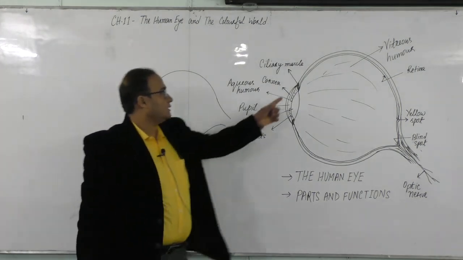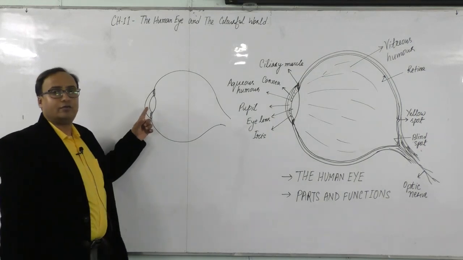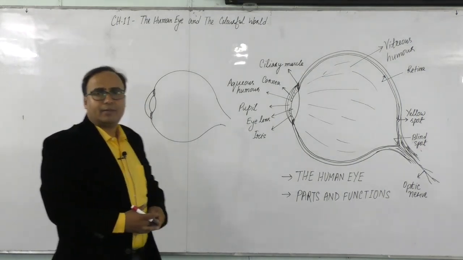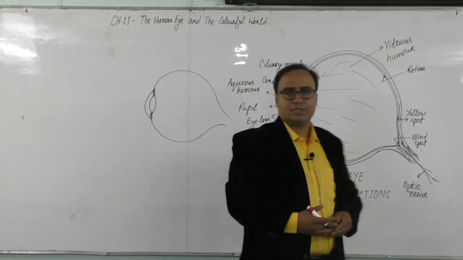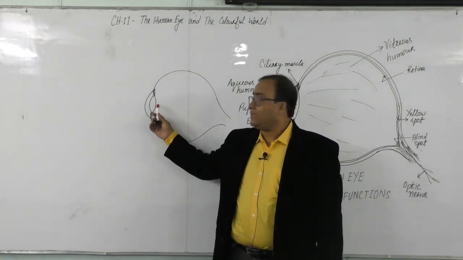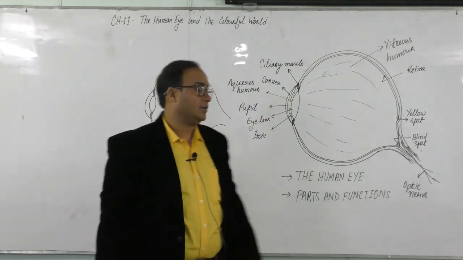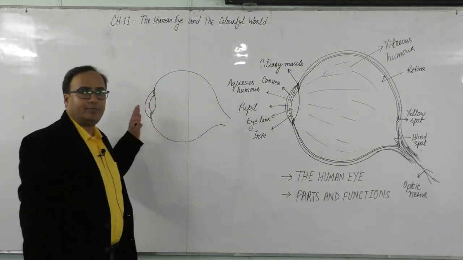So these muscles are called ciliary muscles, and this lens is a biconvex lens, which is made up of fibrous material, especially protein. So if I ask you what is the material of the convex lens inside the human eye, it is protein, or the eye lens is made up of protein.